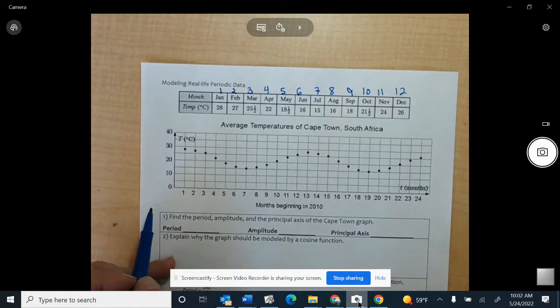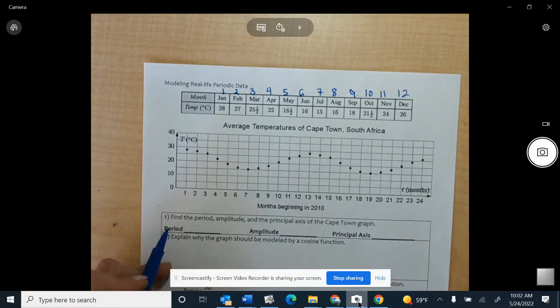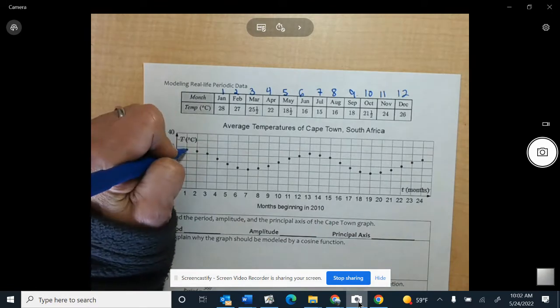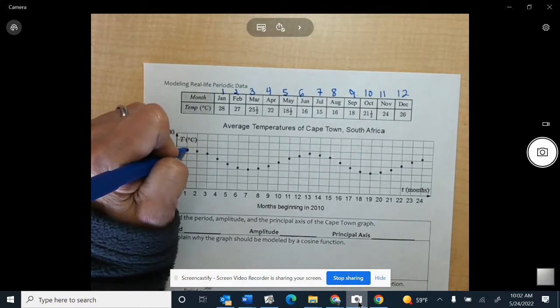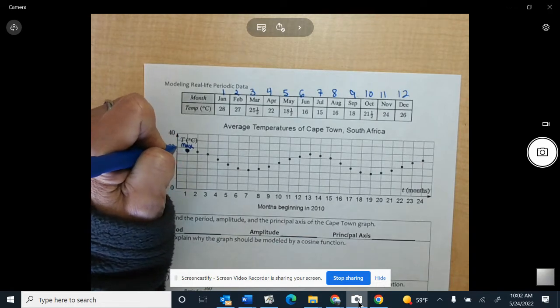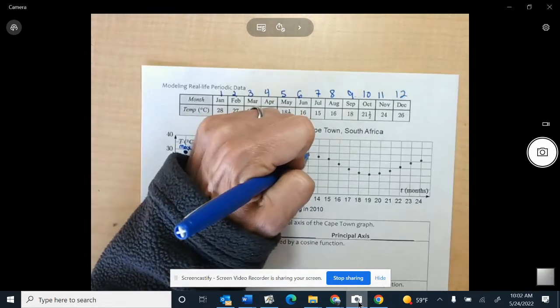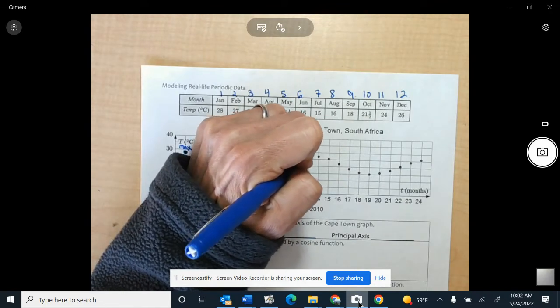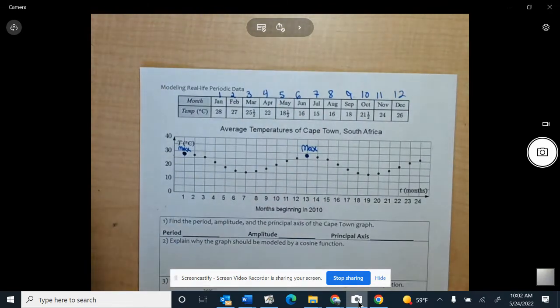So looking at this graph, what we want to think about is one full wave. Notice that we are starting close to the maximum height. It's almost over on the y-intercept. And this would be another place to consider a maximum height.